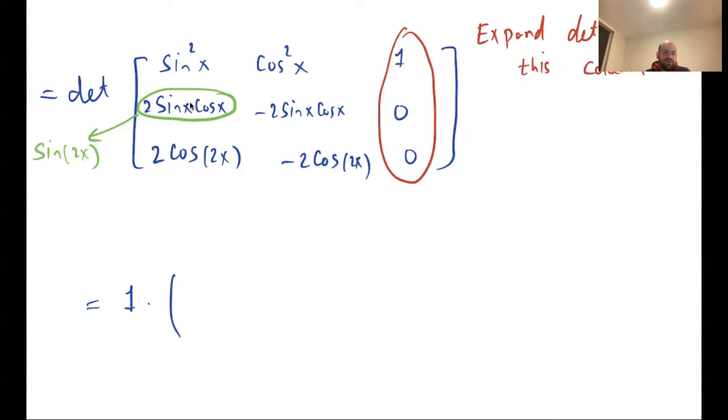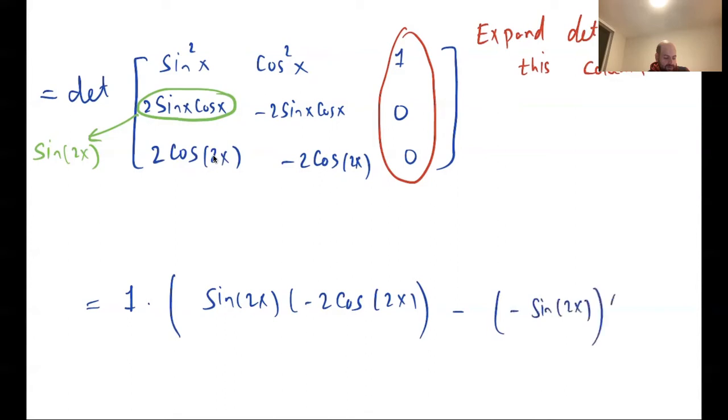So 1 times, and then delete first row, third column. This 2 by 2 determinant will be left. And I just need to calculate it, which is this guy times this guy minus this guy times this guy. So it's going to be sine 2x times minus 2 cos 2x minus sine 2x times 2 cos 2x.